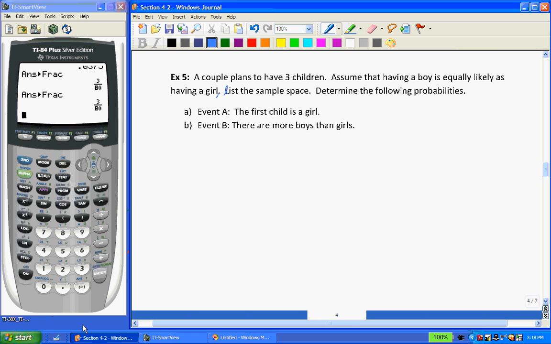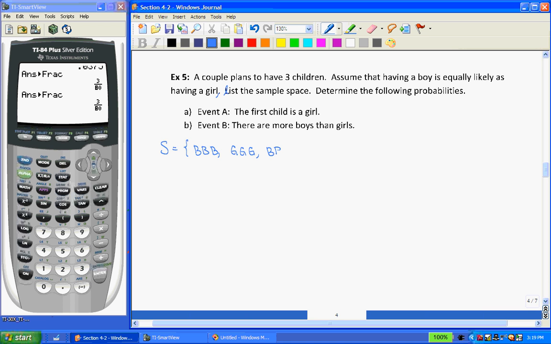Okay, so there's quite a few ways that this can happen, and we'll just start listing them out. So, of course, we could have boy, boy, boy, all boys, or girl, girl, girl, or some combinations thereof.